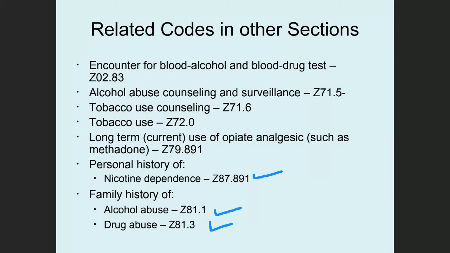Why is this? Well, this is because dependence is considered to never be really cured and will always be in remission. Tobacco use is different. That will have a Z code, but the alcohol, drug, and inhalant will take you back to the mental health chapter, which is kind of interesting.